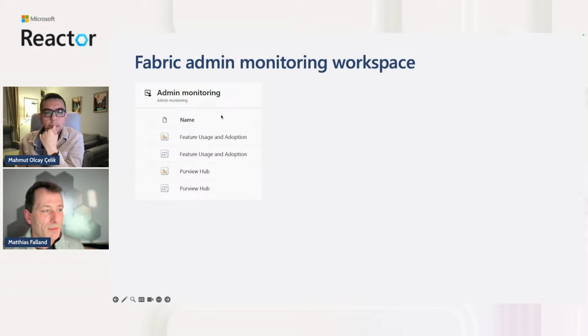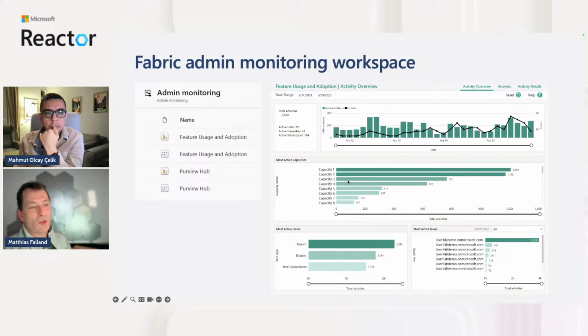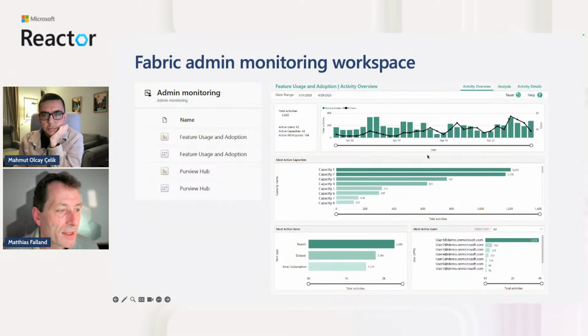You have also the Fabric admin monitoring workspace with feature usage and adoption and the Purview hub and all that stuff. And it looks great, by the way. So you can see what your capacity is running and the most active users and the most active items.